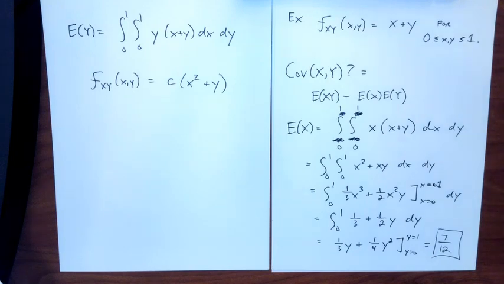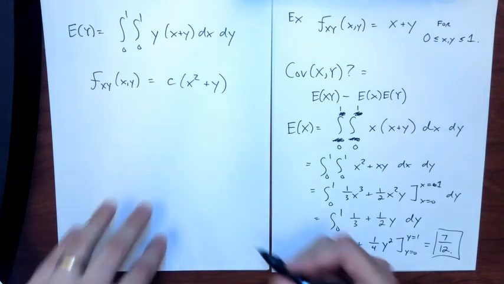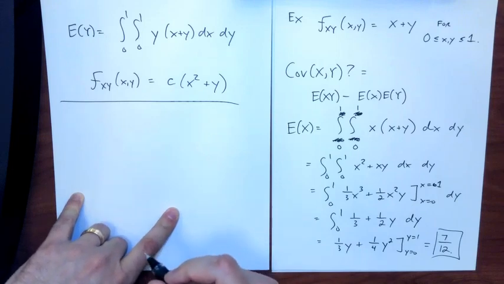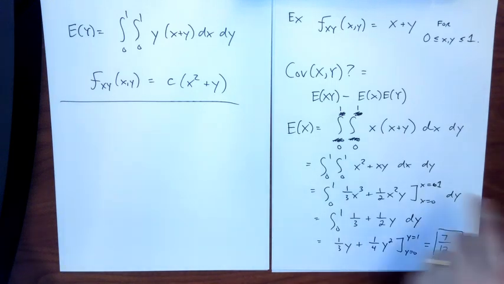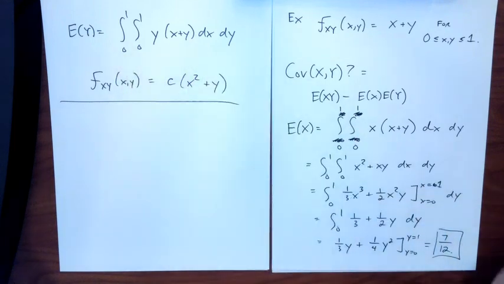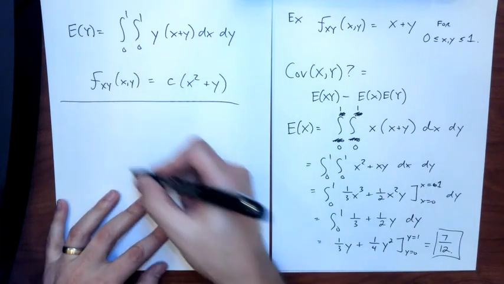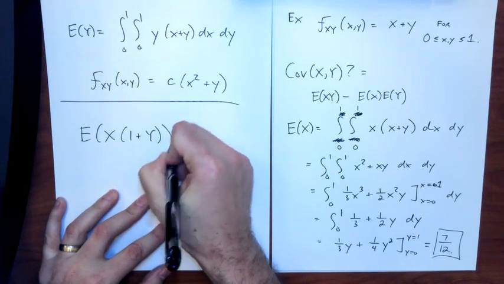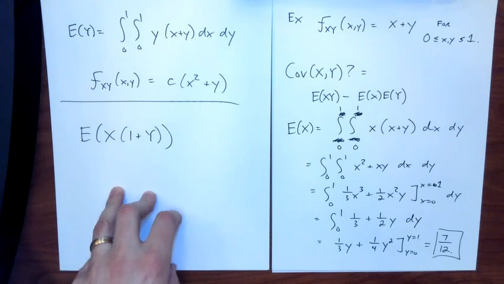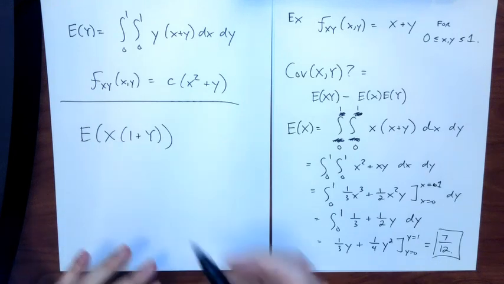Okay, so let me just take a quick pause to say that another kind of typical question is, now that you know some of these pieces of information, these partial moments. So I computed the expected value of x, I knew the expected value of y, I now have the expected value of x and y. So now if I asked you to compute the expected value of x times 1 plus y, I would expect you to say, oh, I don't have to do this as a complicated integral.